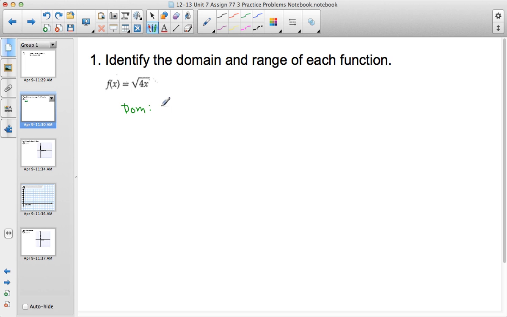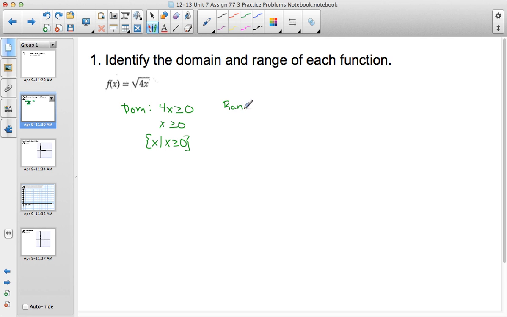So basically 4x must be greater than or equal to 0. It can be equal to 0 because I can take the square root of 0. So if I divide both sides by 4, I just get x is greater than or equal to 0. So the domain, and I will write it in set builder notation, is x such that x is greater than or equal to 0. And there's my domain.